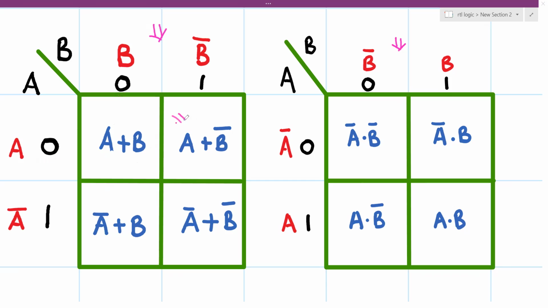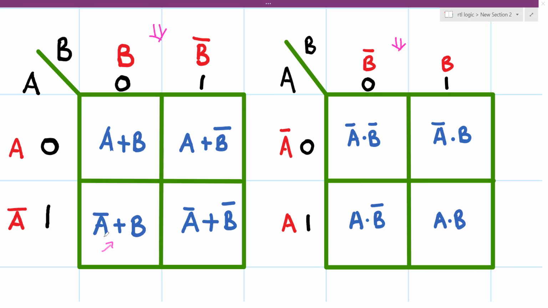In this cell, we shall write A, since 0 means A, and here it is 1, that means we'll write B bar, because 1 here is a complemented form. So the expression is A or B bar.